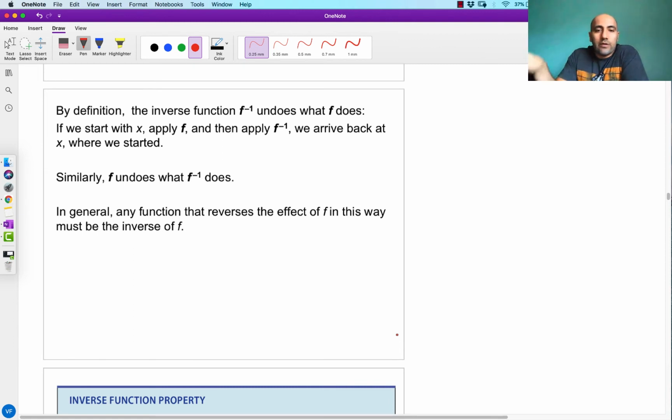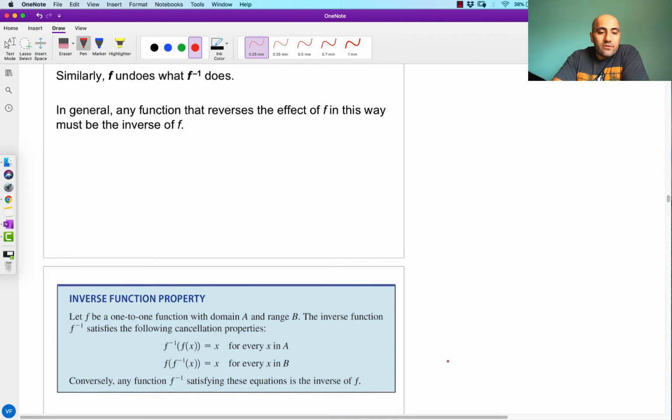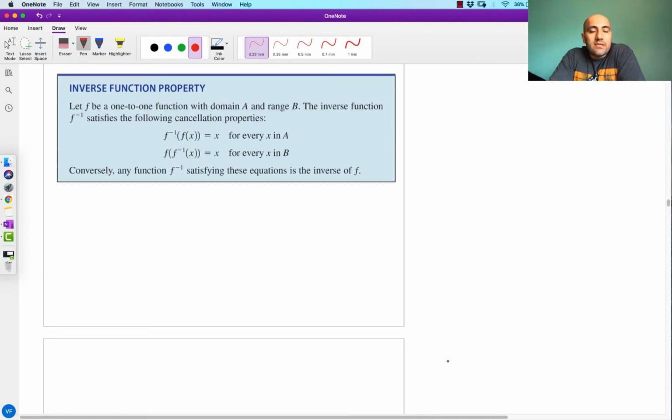It's a round trip when we apply f followed by f inverse, or the other way around. In general, any function that reverses the effect of f in this way must be the inverse of f. This is how we can prove that two functions are inverses of each other.